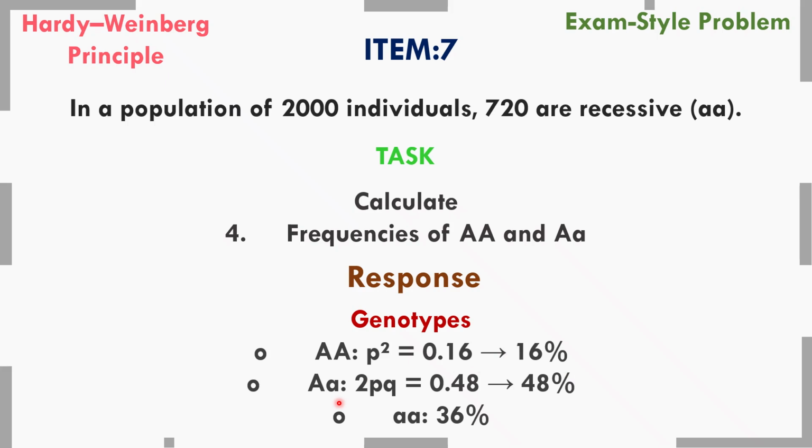Capital A small a, which is represented by 2pq, is 0.48, giving us an equivalence of 48%. And small a small a is 36%.